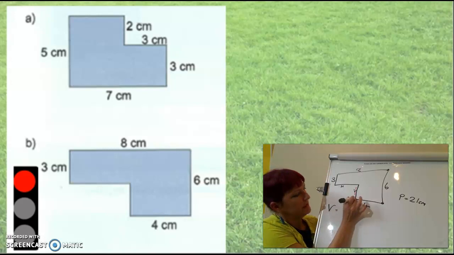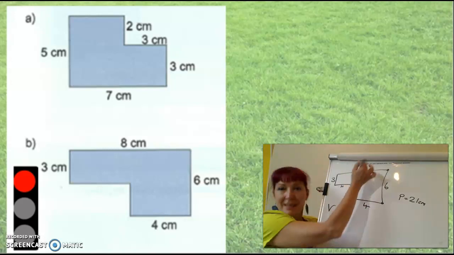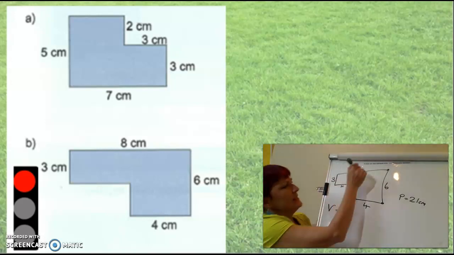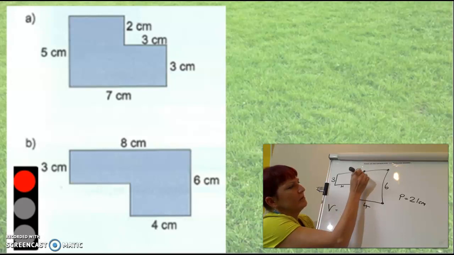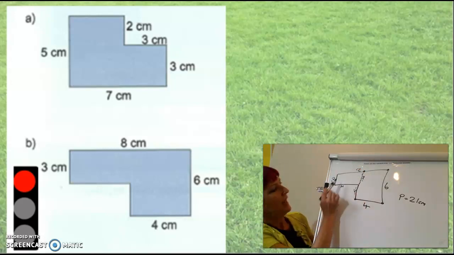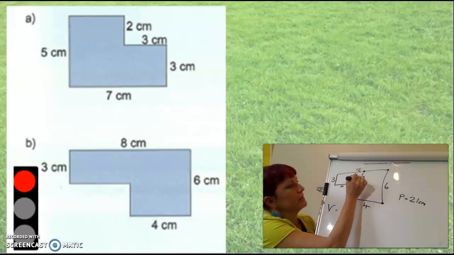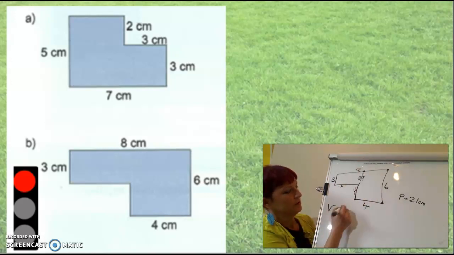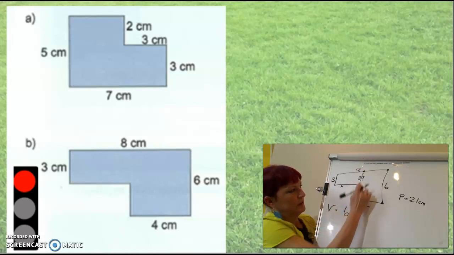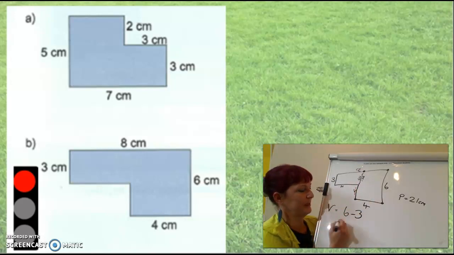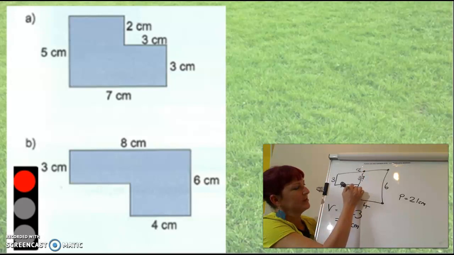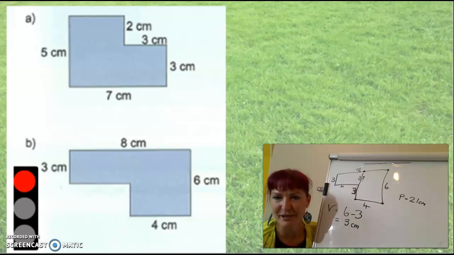So from here to here would be 6 again. 6 centimetres. Is there anything I can use that will tell me what this is? This side would be 3. So my whole bit is 6. I'm going to take out my 3, and that will give me 3 centimetres. 3 plus 3 makes 6. So I now know that one is 3.